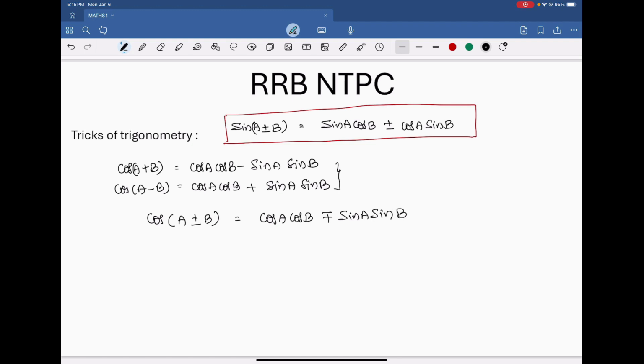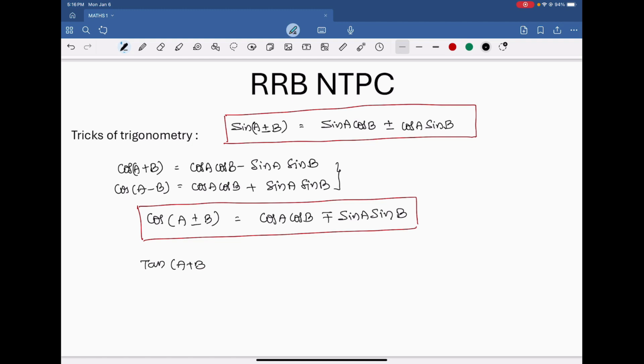Please remember that. This is a very important identity relation as far as cos theta is concerned. First one was sin theta, second is cos theta compound angles. Sin A plus or minus B is equal to sin A cos B plus or minus cos A sin B, and cos A plus or minus B is equal to cos A cos B minus or plus sin A sin B. Now we will go for tan.